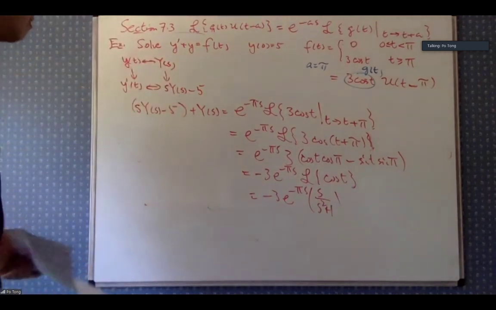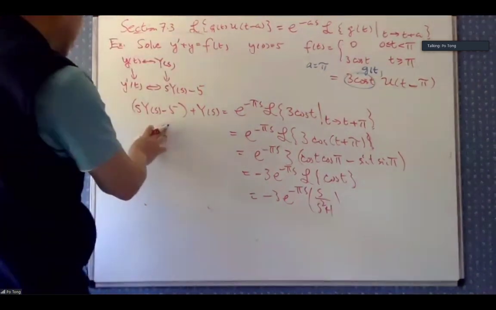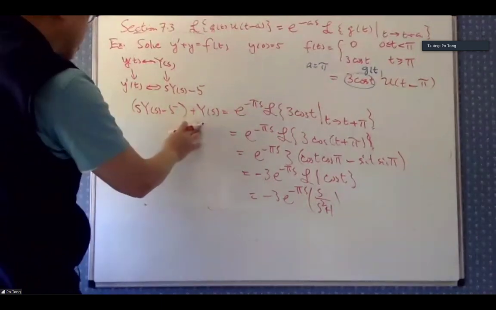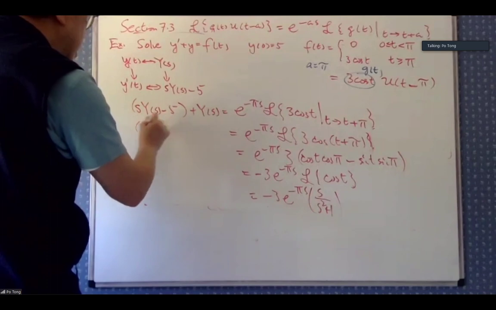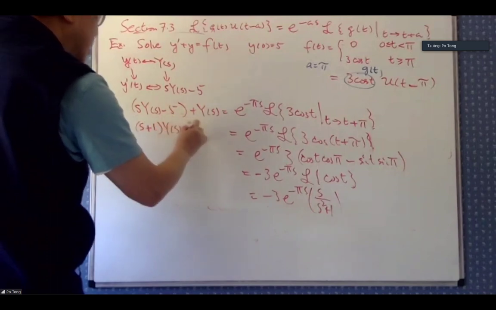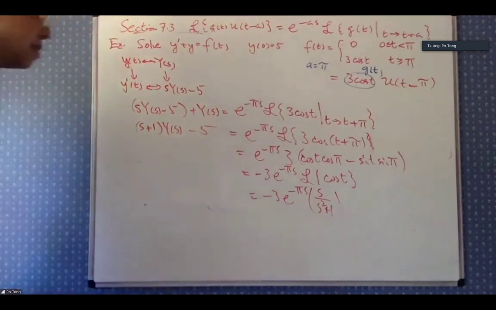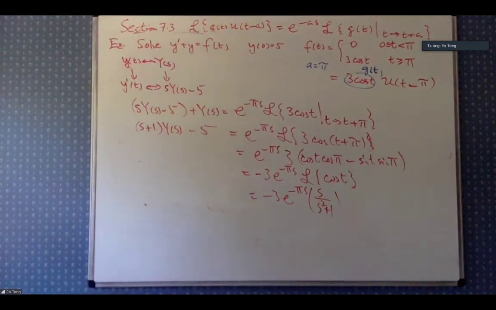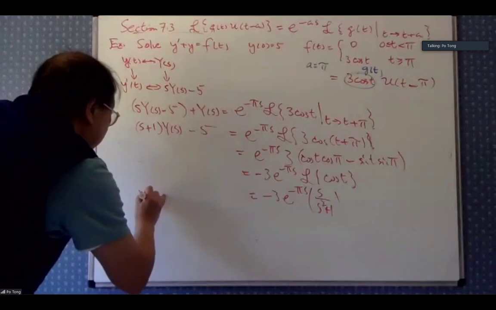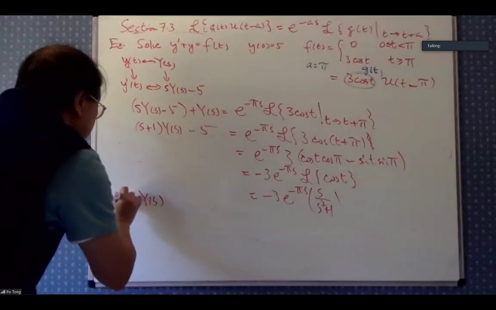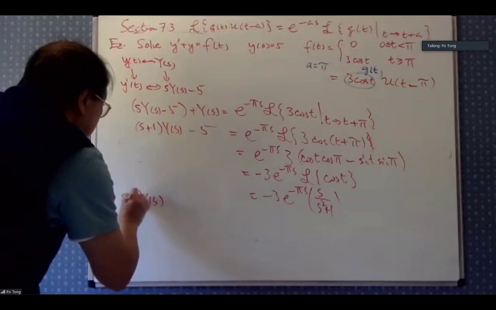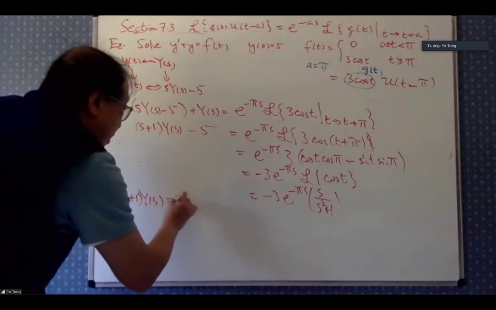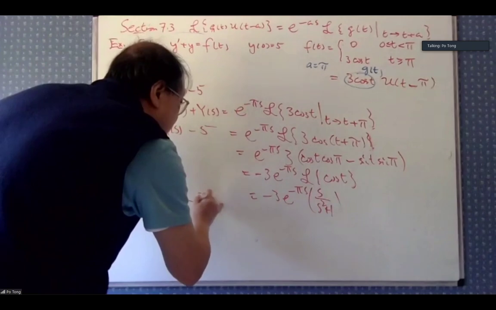So, what is this other side? This other side is s plus 1 Y(s) minus 5, right? So I end up with Y(s) times s plus 1 is equal to 5 minus this guy.